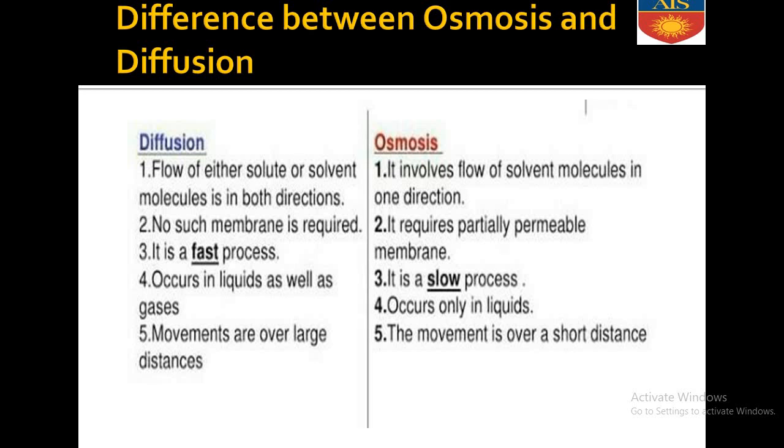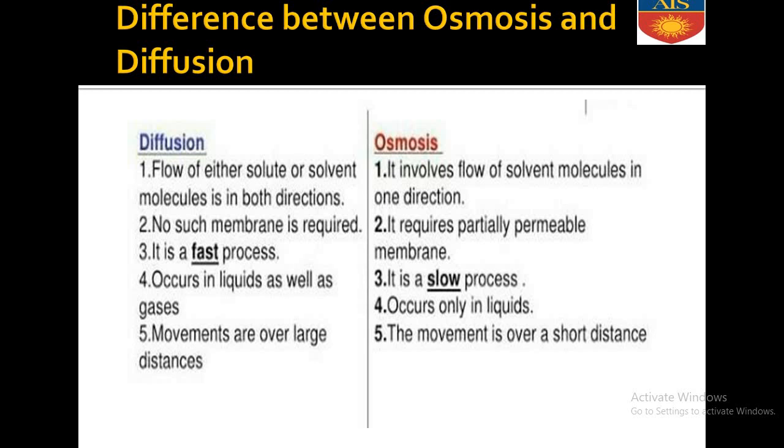It is unidirectional, but diffusion is bidirectional. Now, in diffusion you don't need any membrane, but osmosis requires a semi-permeable or partially permeable membrane, which allows only selective molecules to pass through.